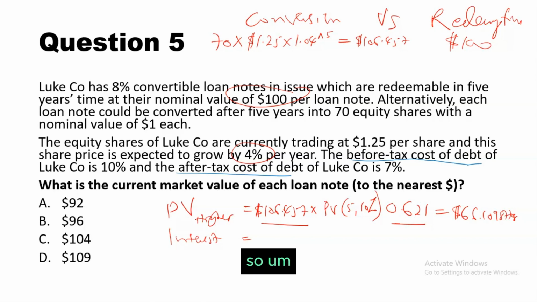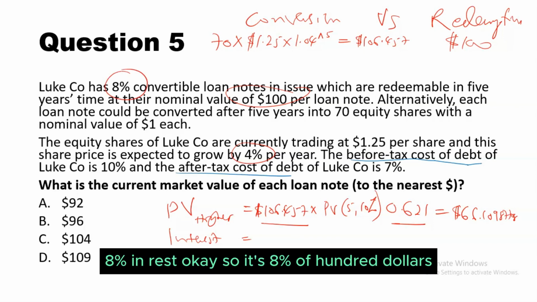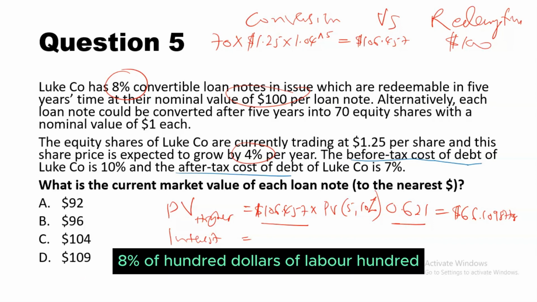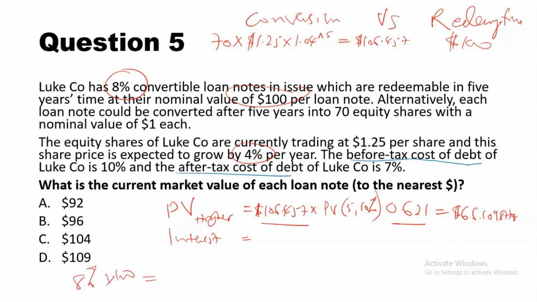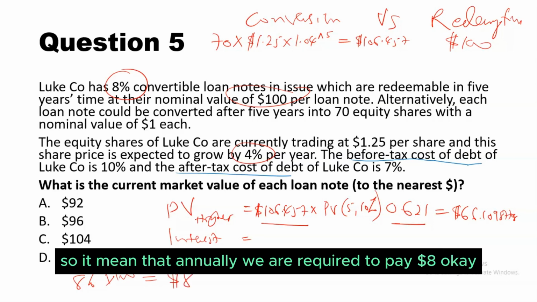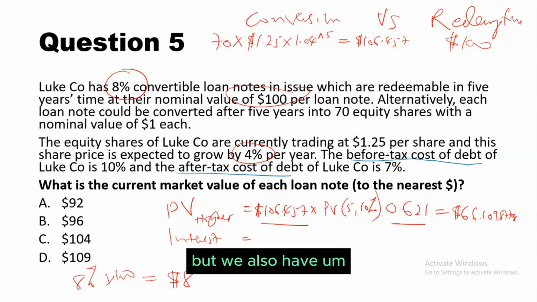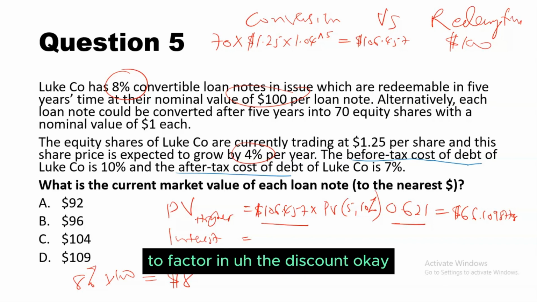So we are going to pay 8% interest. So it's 8% of $100 multiplied by 100. That's the nominal value of the bond. So it means that annually we are required to pay $8. But we also have to factor in the discount, because we are paying this annually.